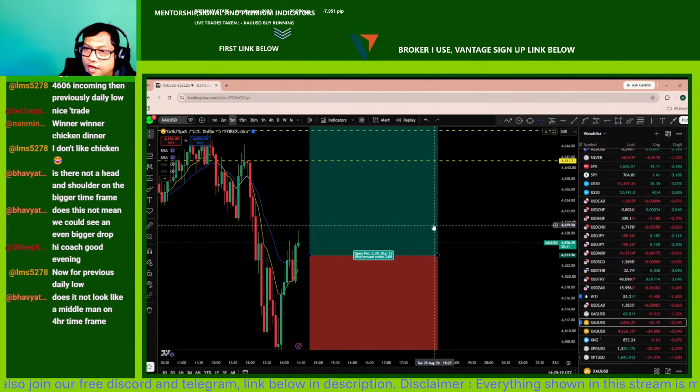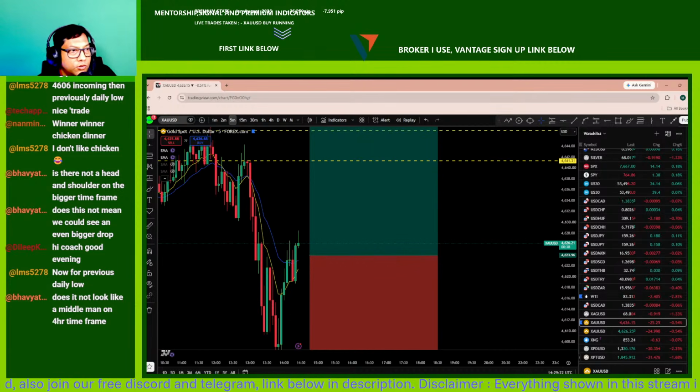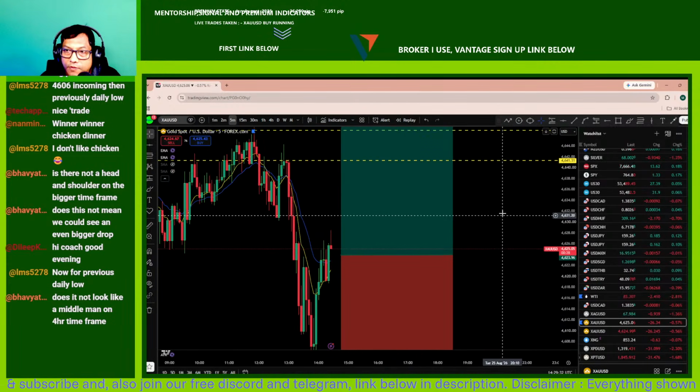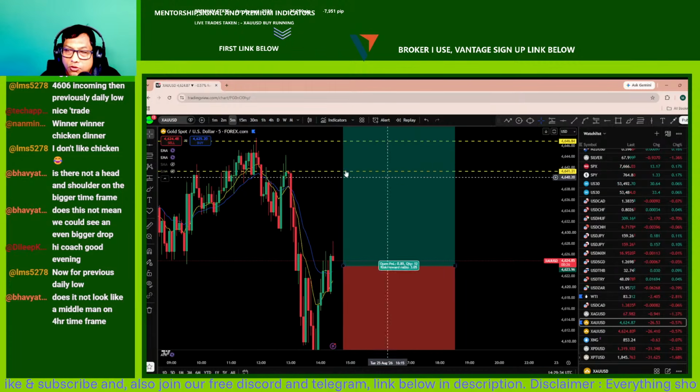So that shows the upside, and we are on the trade, guys. I'm running a little profit here, and now looking to see it revert again back to this resistance line where there is a liquidity sweep.